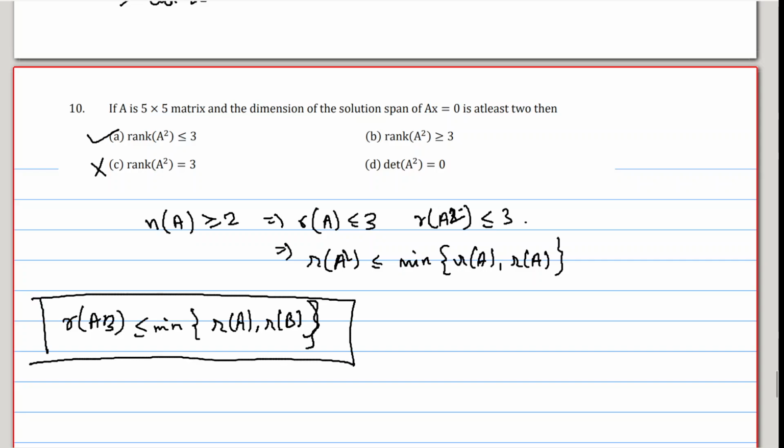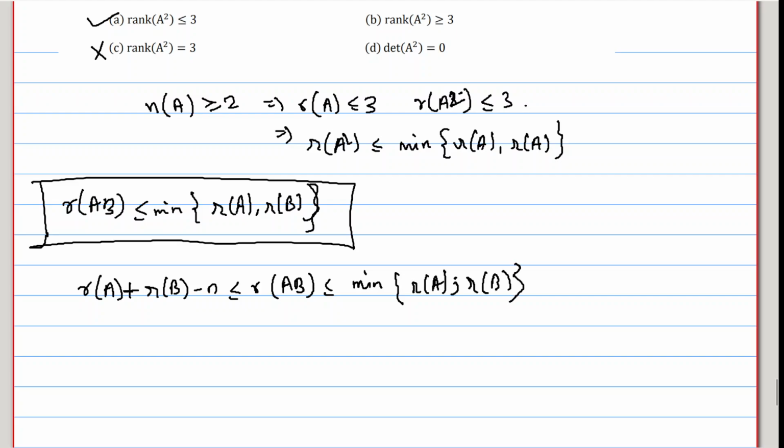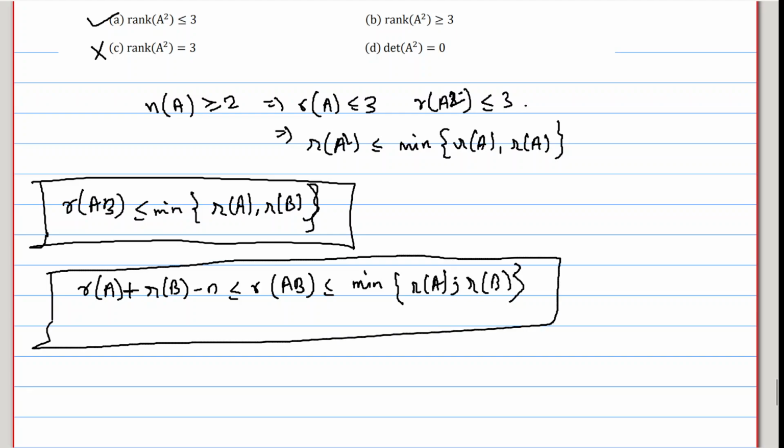I also want to recall one more thing. There is another inequality: rank A plus rank B minus n is less than or equal to rank AB. This is correct, isn't it? Using this, I have concluded this.